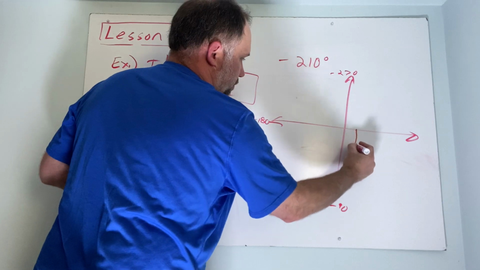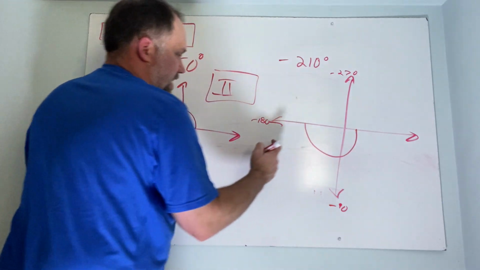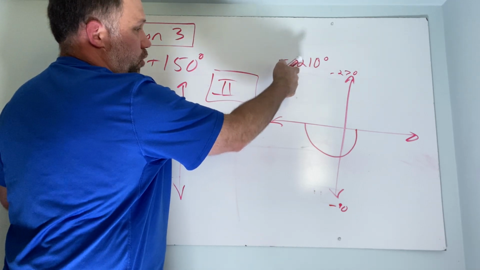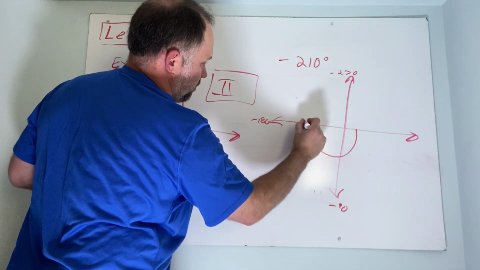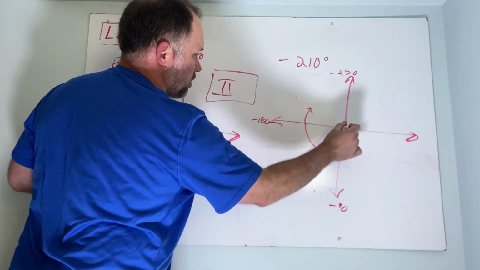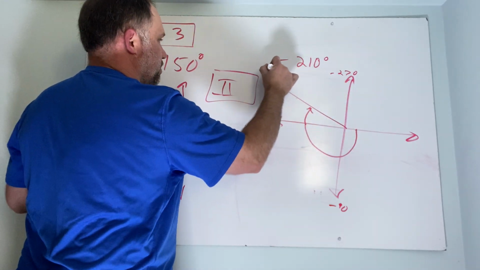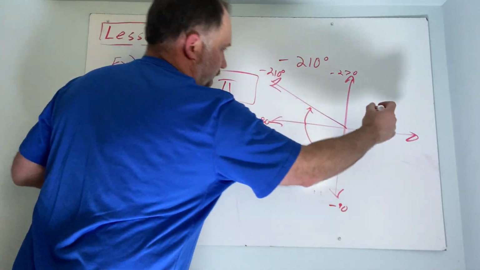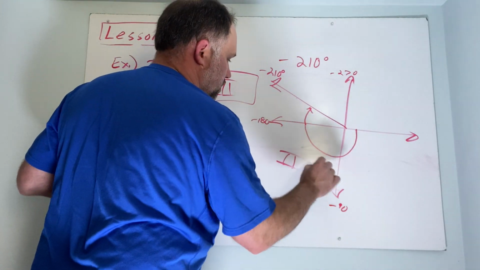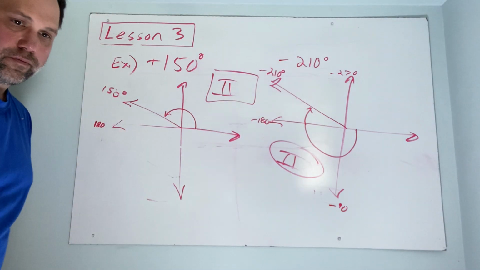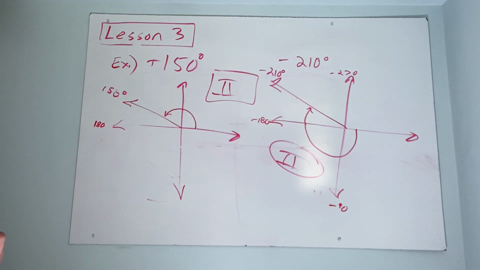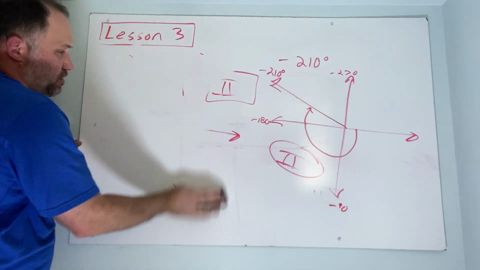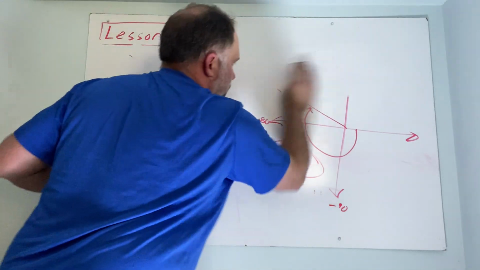If I go in this direction, that puts me at negative 180, but I need to go 30 degrees more to get to negative 210. So that's going to put me about right there. So there is negative 210 degrees, which also lands me in quadrant 2.